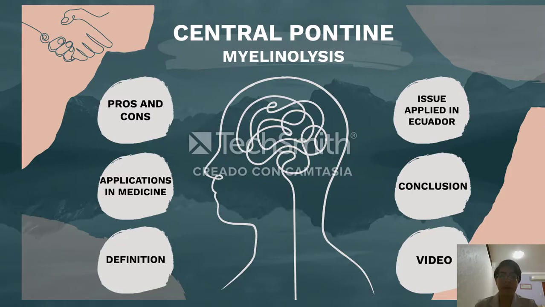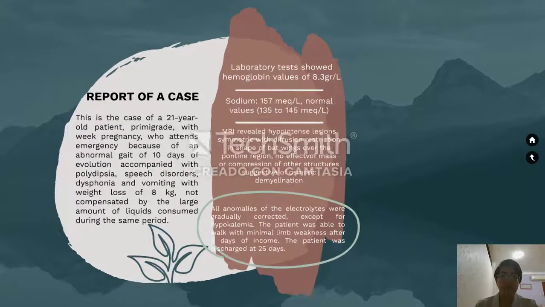Issue applied in Ecuador. Report of a case. This is the case of a 21-year-old patient, primigravida with 1 week of pregnancy, who attends emergency because of an abnormal gait of 10 days of evolution, accompanied with polydipsia, speech disorders, dysphonia, and vomiting with weight loss of 8 kilos, not compensated by the large amount of liquids consumed during the same period.